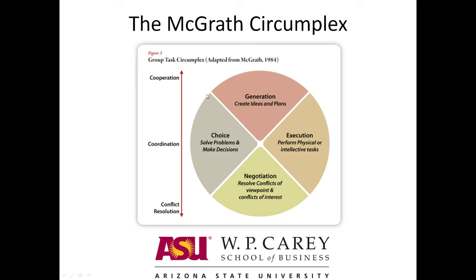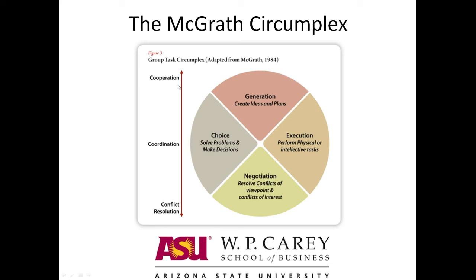If we look at this vertical bar, starting with cooperation, the great thing about the circumplex is that each task also relates to a given theme on the vertical bar. If you look at generation and cooperation, those relate to each other, which makes sense.